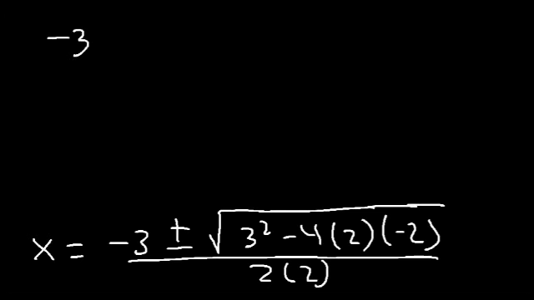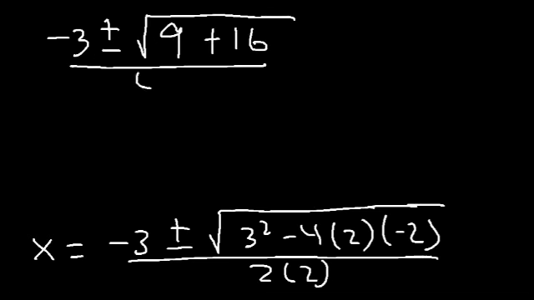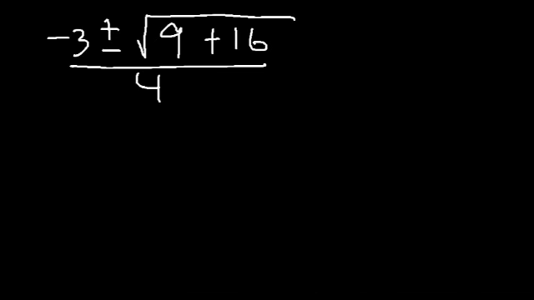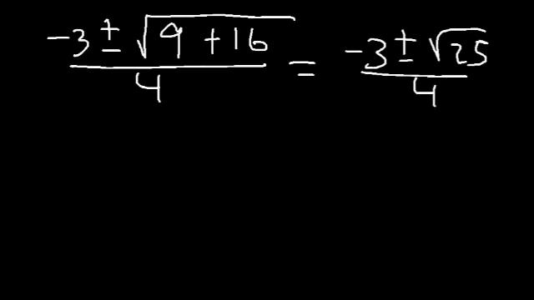So we have negative 3 plus or minus 3 squared is 9, negative 4 times 2 is negative 8, and negative 8 times negative 2 is 16. On the bottom, 2 times 2 is 4. And 9 plus 16 is 25. And the square root of 25 is 5.